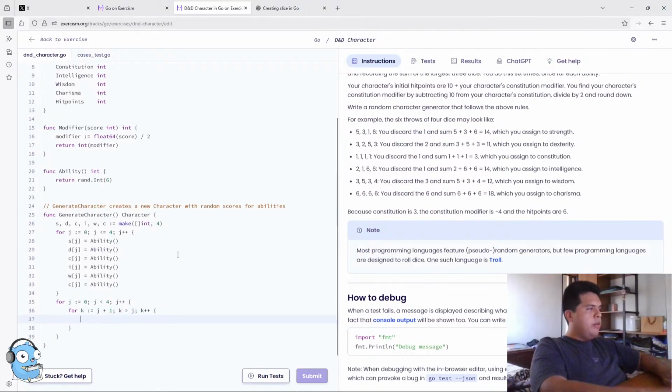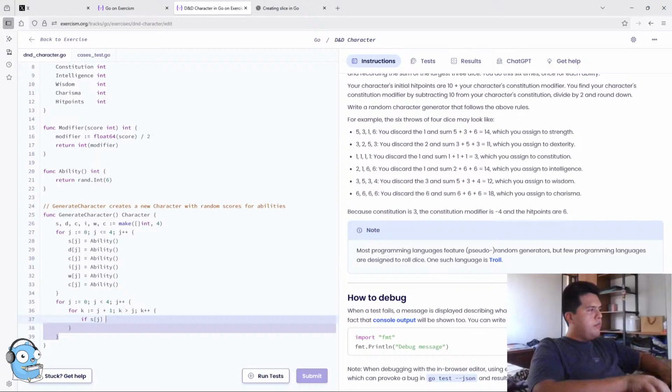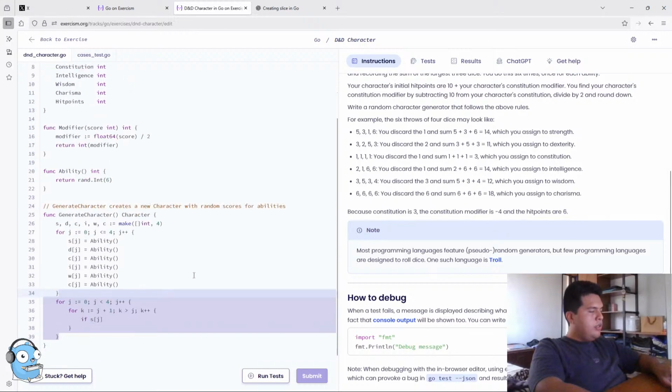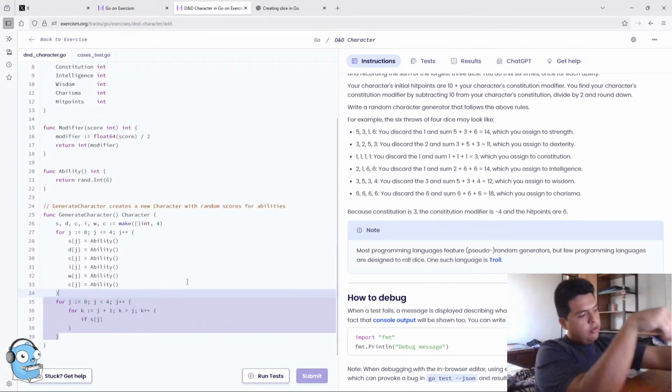I will do that for everyone. And if j is, no, how can I know which one is the smallest, comparing every one of them and knowing which of those?